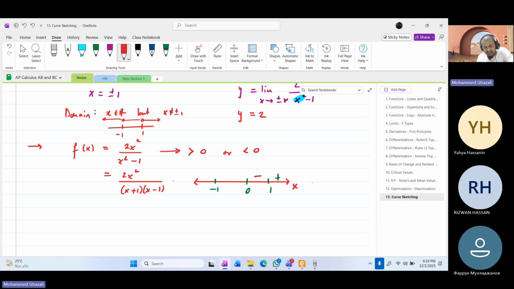Any value between -1 and 0, like negative half: positive, negative. Negative. Don't ever make the mistake of alternating the signs. For any value between -1 and 0, the numerator is positive. In the denominator, you get -half plus 1 is positive, times negative is negative.